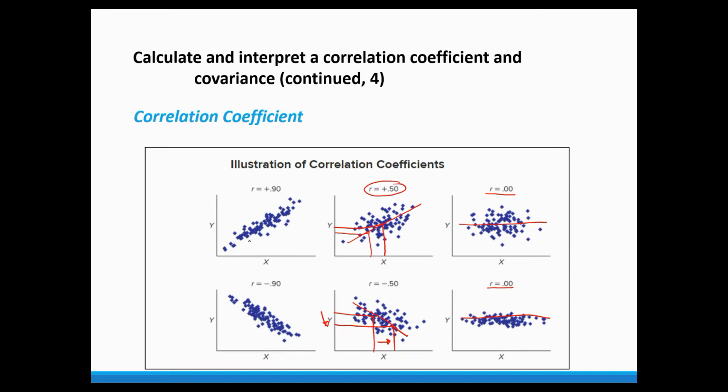Also, if there is a really strong positive correlation, the value of the estimated correlation will be near 1, or much greater than 0.5, like this, it's 0.90.